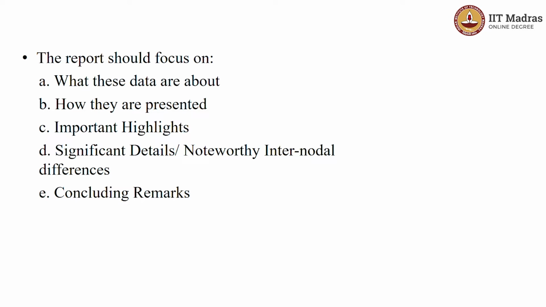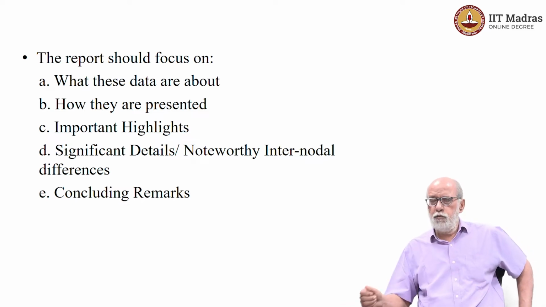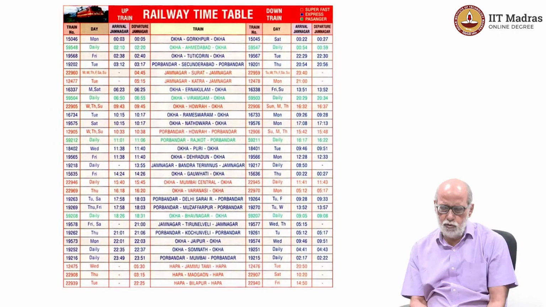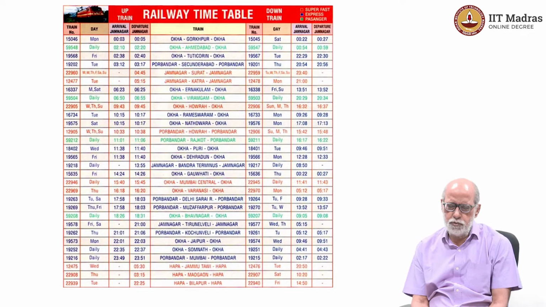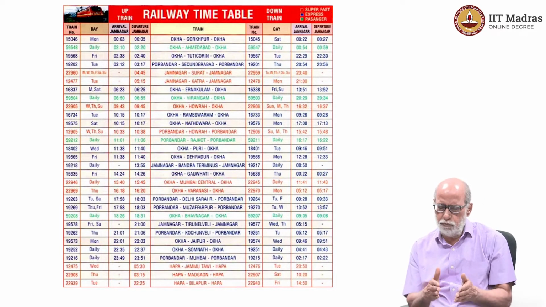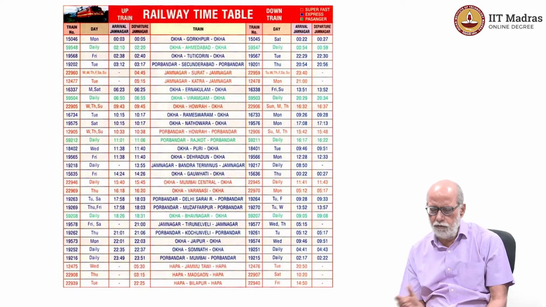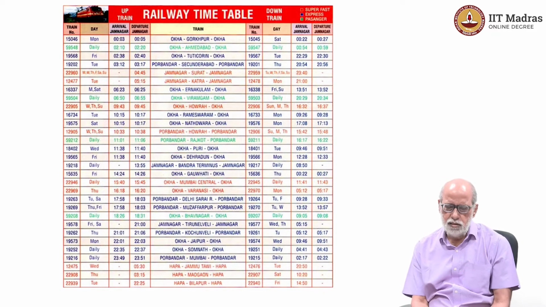And then the third: what are the most important points that arise from this chart, this table? Say, for instance, when we look at a railway timetable, it has so many axes. There are four columns on my left, there is a broad central column, and then there are four columns to the right.